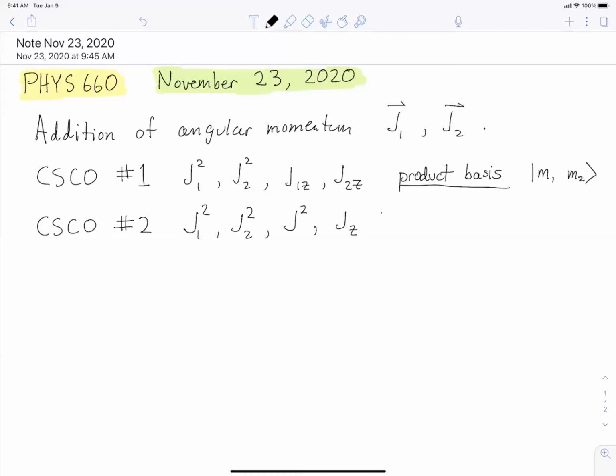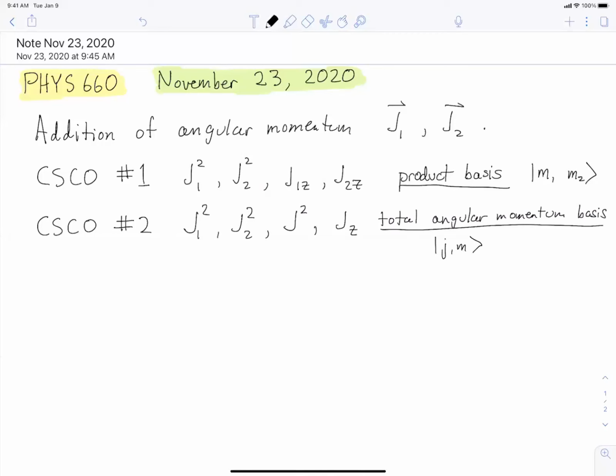And this is called the total angular momentum eigenbasis. I'll just write basis here. Okay, and we label those by J and M.